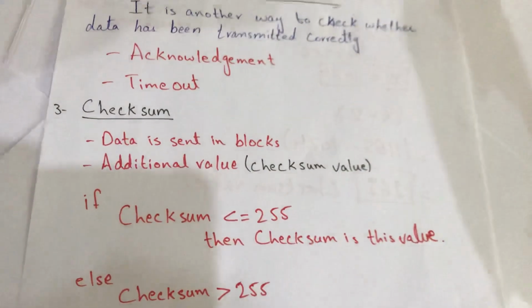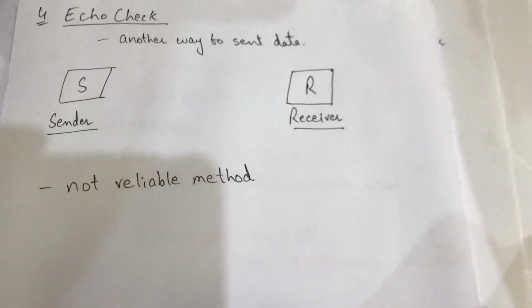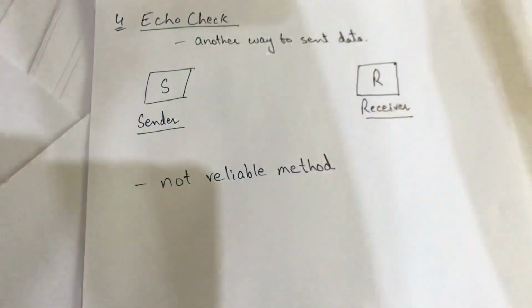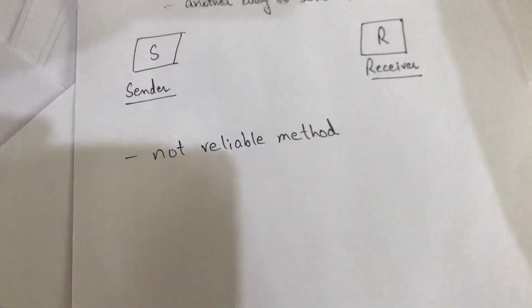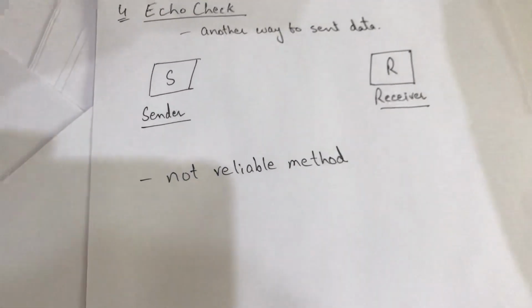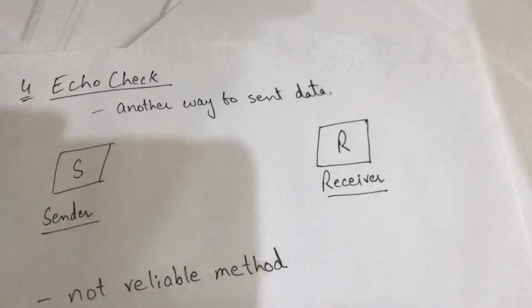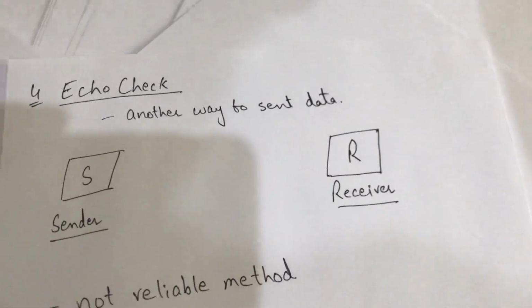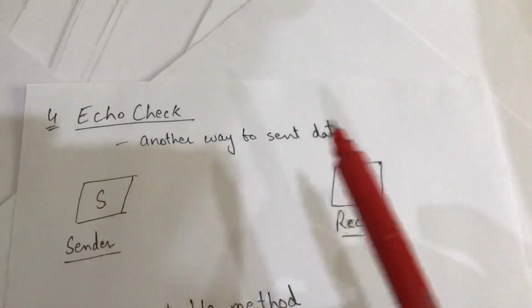Now the last method which we use is echo check. It is another way to check the data. Data is sent from the sender to the receiver end.